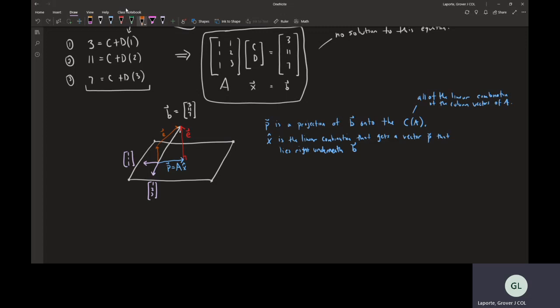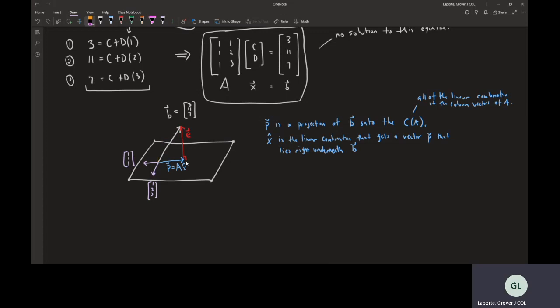And the length of this vector E, this error, would be much larger than it is currently right underneath. There is no place that I could get where this error is going to be smaller than where it's currently at when P is right underneath B. So that's why we use the projection.